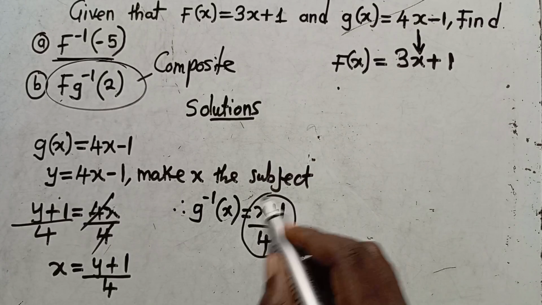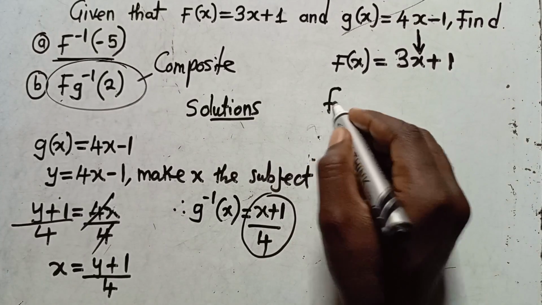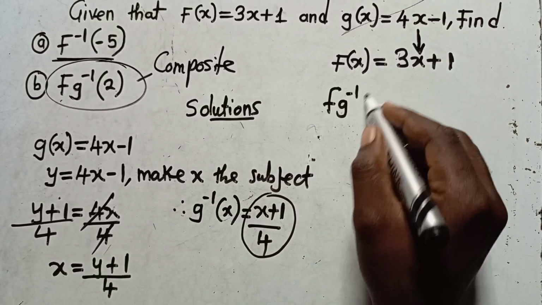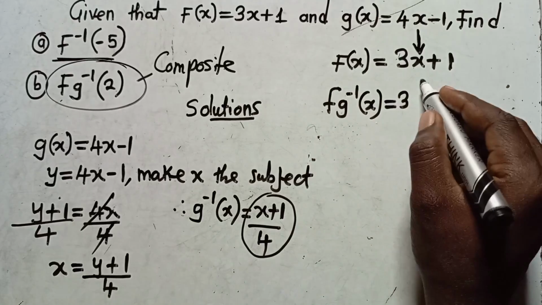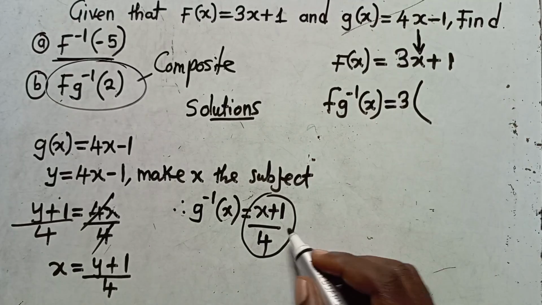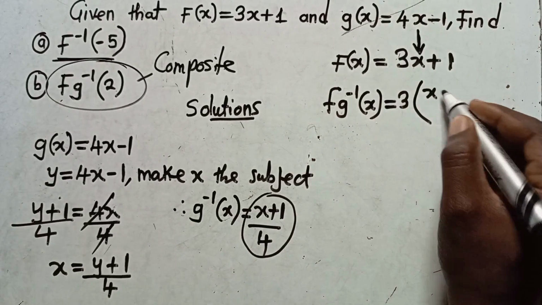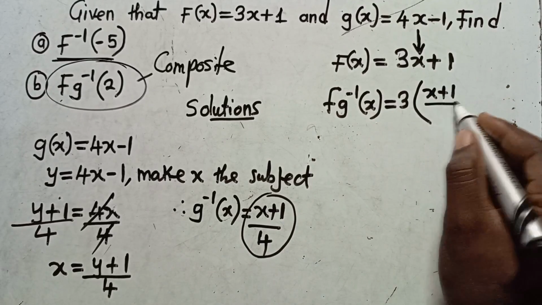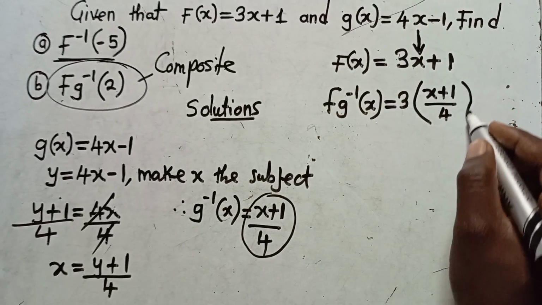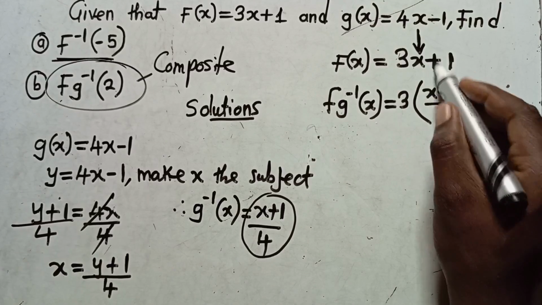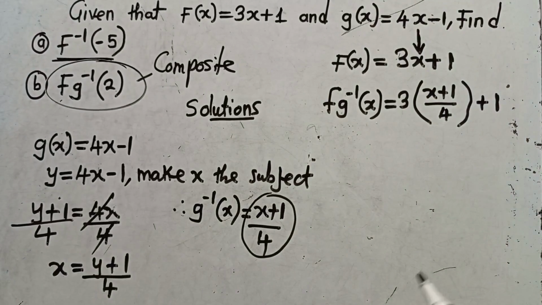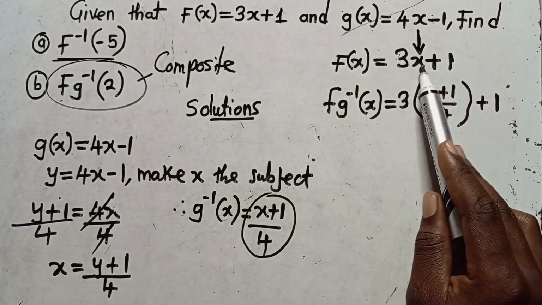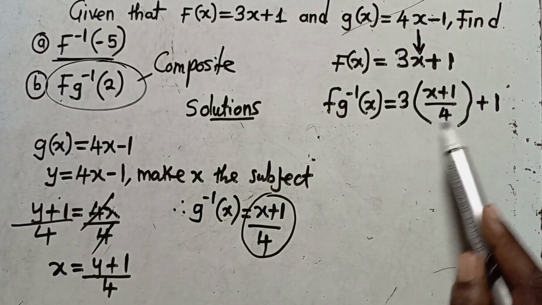So I'm going to say f g inverse of x is equal to 3, I say open bracket, where there is x I put this: x plus 1 over 4, close bracket. Then I write that one, plus 1. So what I've changed is that only where there was x, I've put this function g.